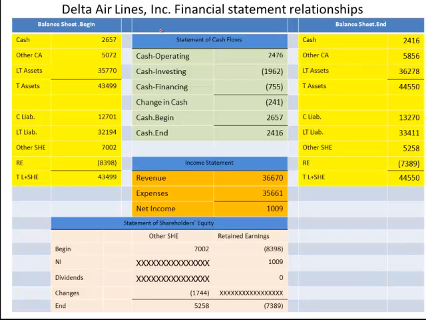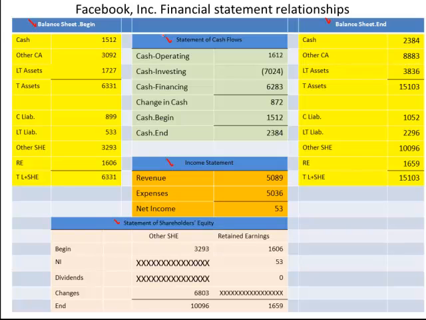Here's Delta Airlines. Beginning balance sheet, ending balance sheet, income statement numbers we found, cash flow numbers we found. And looking at this, what is interesting, if you're looking at Delta compared to Facebook, the mix of their assets is very different.